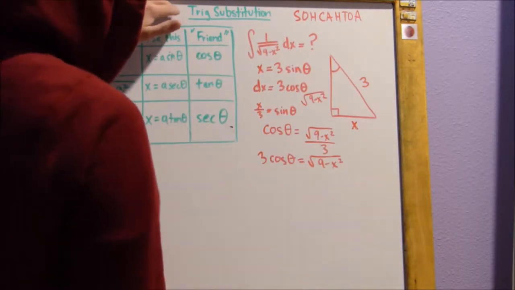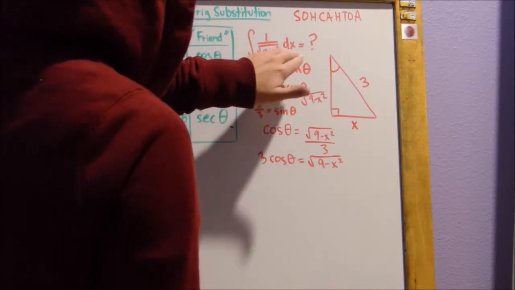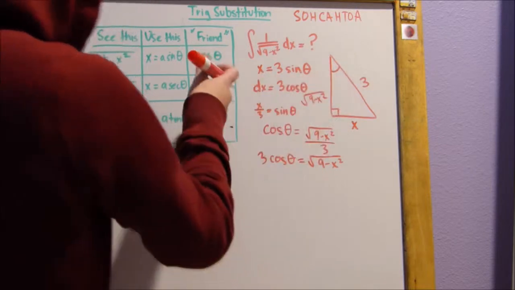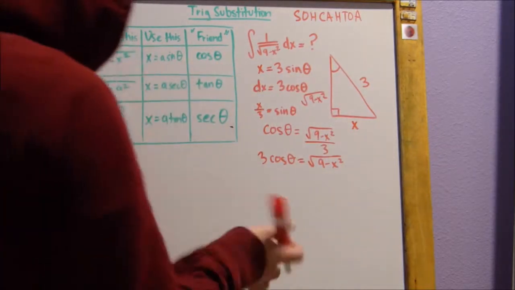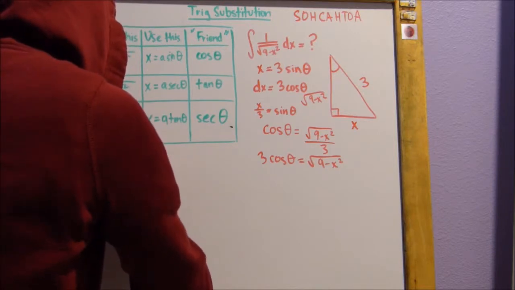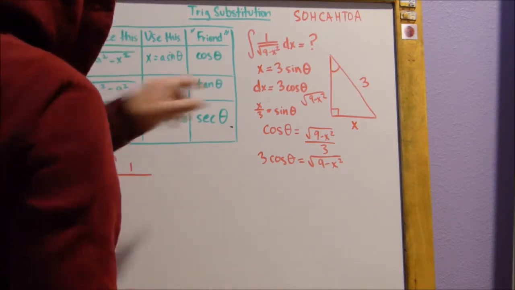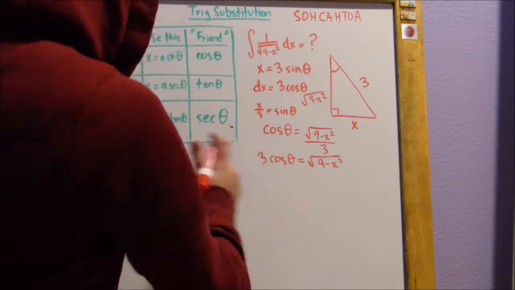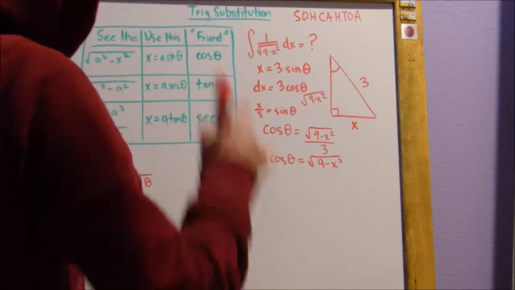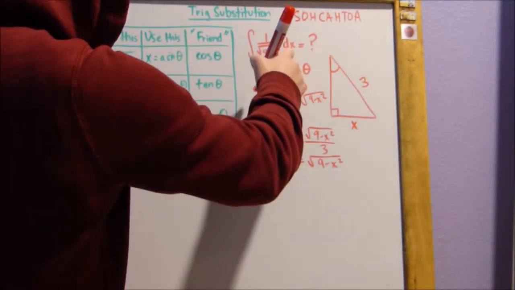And it's called trig substitution because you have numbers and x's here, but you're going to end up with cosines, sines, tangents, secants, etc. Okay, so let's rewrite this as 1 over 3 cosine theta. And then we can't forget this dx right here.